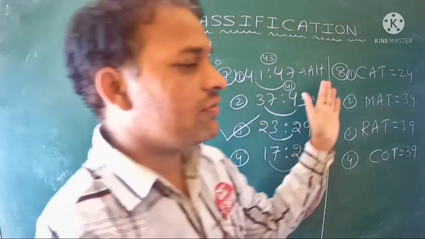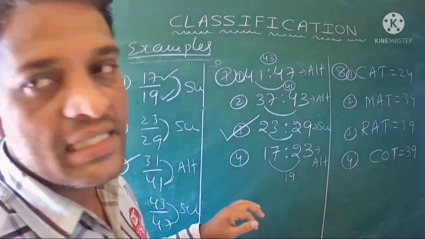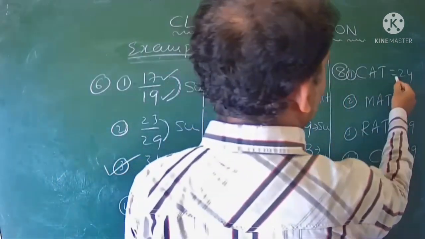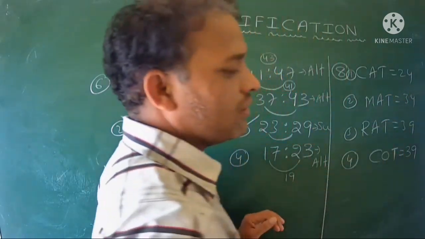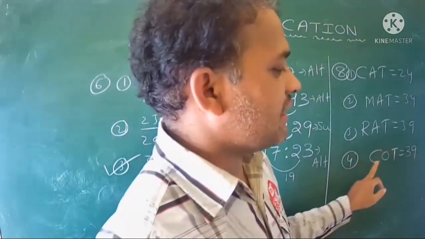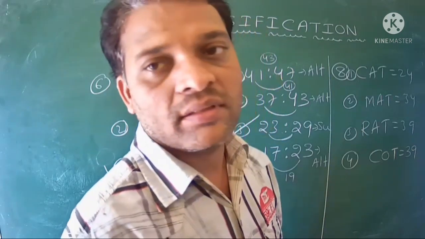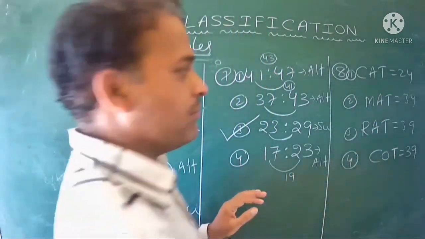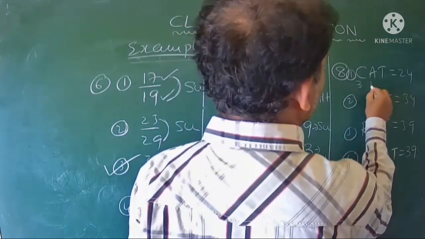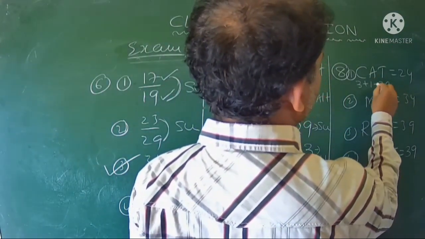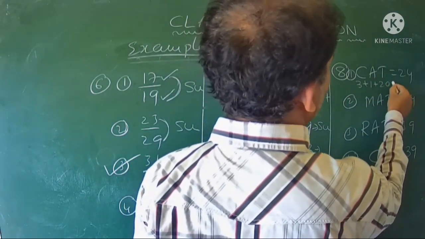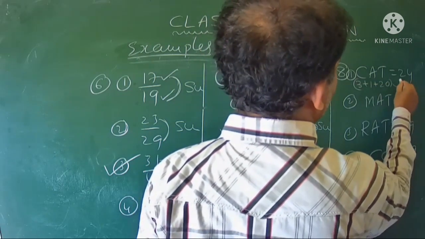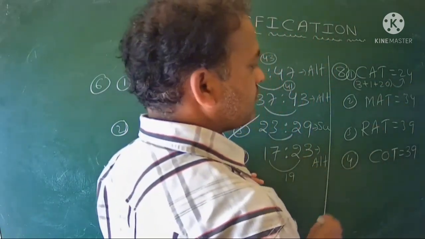Next, you go for the 8th one. So first you observe cat 24, mat 34, rat 39 and cot 39. When letters are given, first of all give numbering. So C3, A1, T20: 3 plus 1 plus 20, the sum of the numbers equals 24.